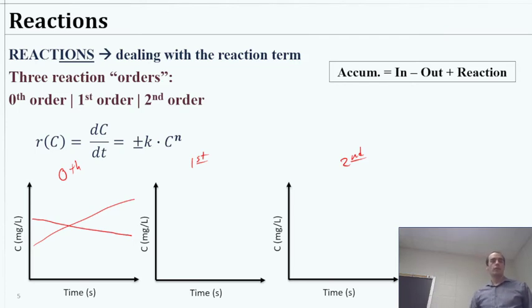Seen that, this is our calculus. And we can define that as either a positive, a growth reaction, or a negative, a decay reaction, times our reaction rate constant, just a constant that is known for a system, times the concentration of what we're interested in to the nth power. So n is the reaction order there. So it could be 0, 1, or 2.